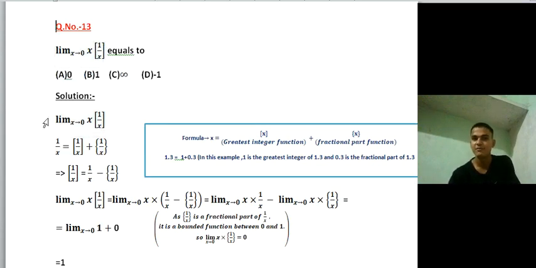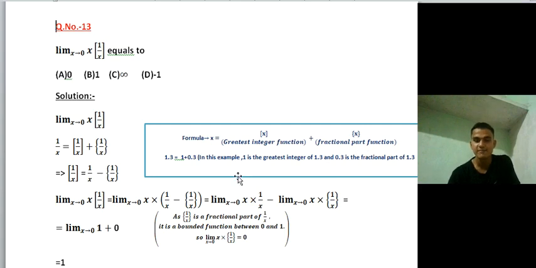There is a formula that x is equal to the greatest integer function of x plus the fractional part function of x. So this is the greatest integer function, this is the fractional part function. This x is under square bracket, this x is under curly bracket.